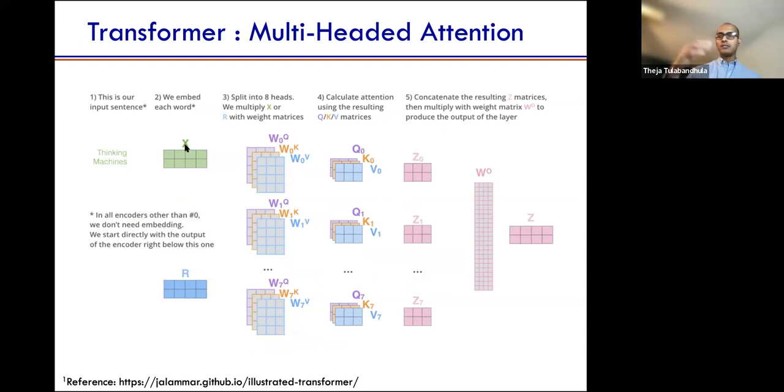If it's the first encoder unit, that will be the original initial word embeddings. If it's the second, third, fourth, fifth, or sixth encoder, then whatever is the output of the previous encoder is the input. Okay, and you'll produce 8 such queries, keys, and values, 8 such outputs, and then you concatenate and multiply, so that eventually you get only one collection of outputs for the self-attention layer.